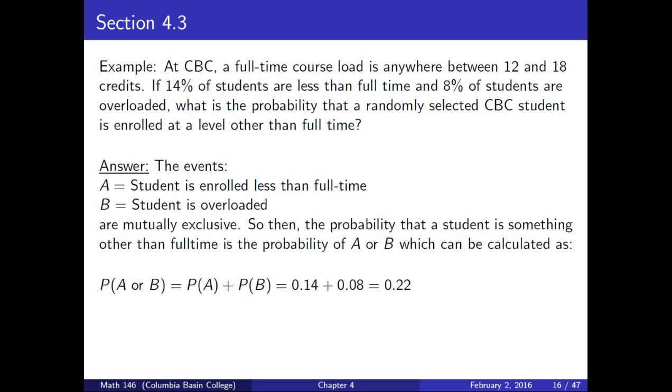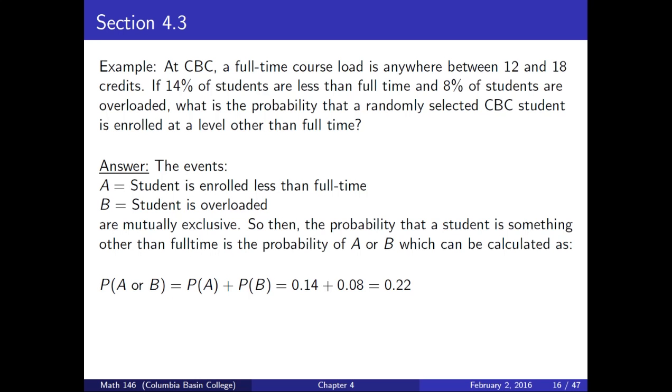So if I know that 14% of students are less than full-time and 8% of students are overloaded, right, so that means over 18, what's the probability that a randomly selected CBC student is enrolled at a level other than full-time? So you have this event A, less than full-time, B is overloaded. These two events are mutually exclusive because a student can't be both less than full-time and overloaded.